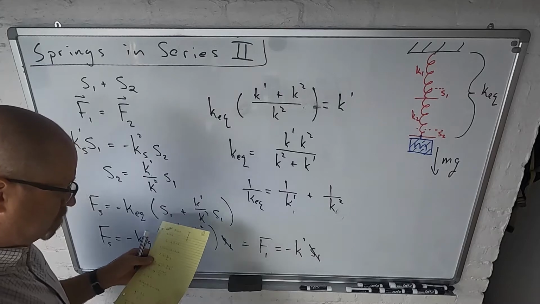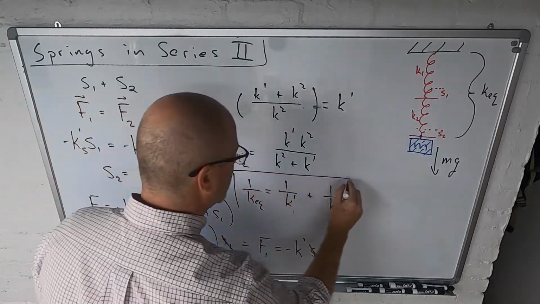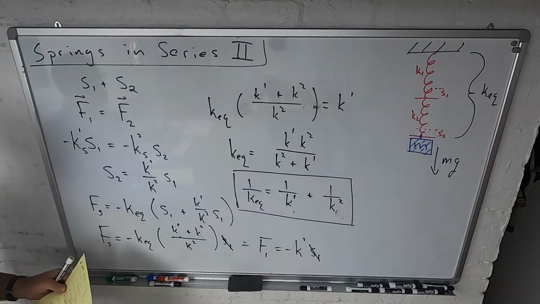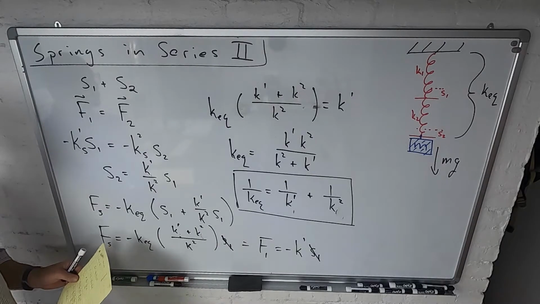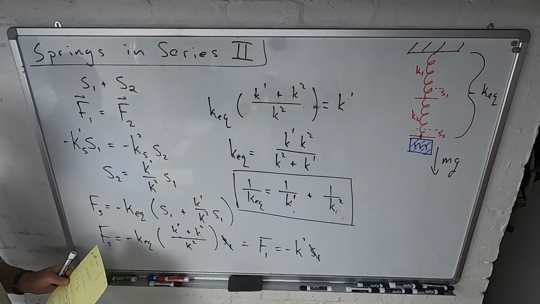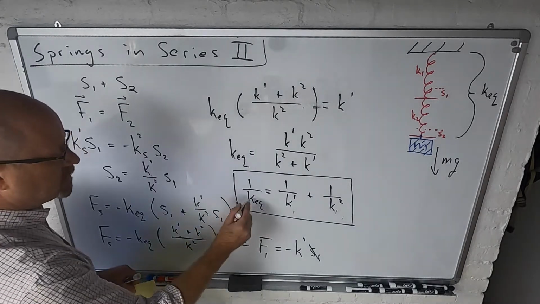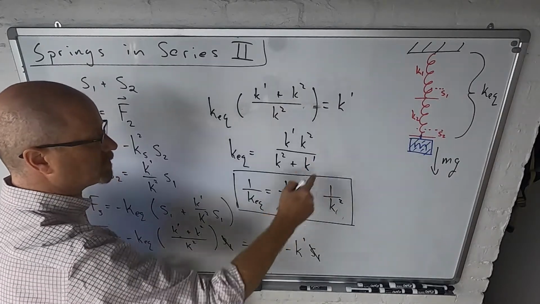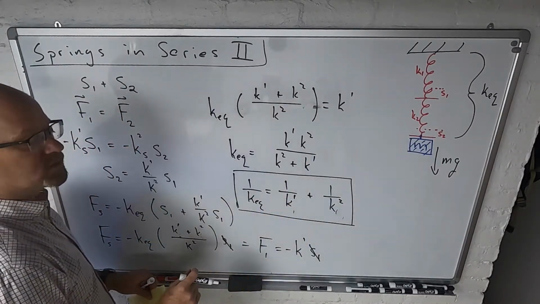And so if I want to know the equivalent spring constant for two springs in series, I can write that 1 over that value is equal to 1 over the first spring constant plus 1 over the second spring constant.